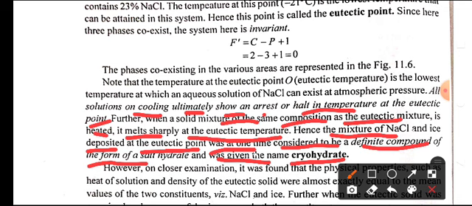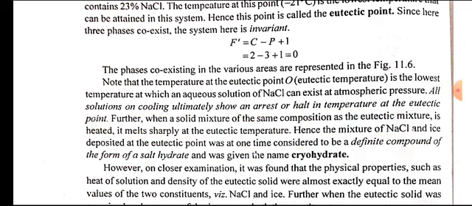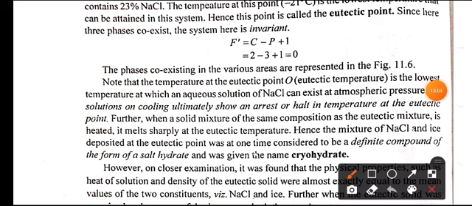Once again, I repeat this paragraph. Here note that the temperature at the eutectic point is the lowest temperature at which an aqueous solution of sodium chloride can exist at atmospheric pressure. All solutions on cooling ultimately show an arrest or halt in temperature at the eutectic point.